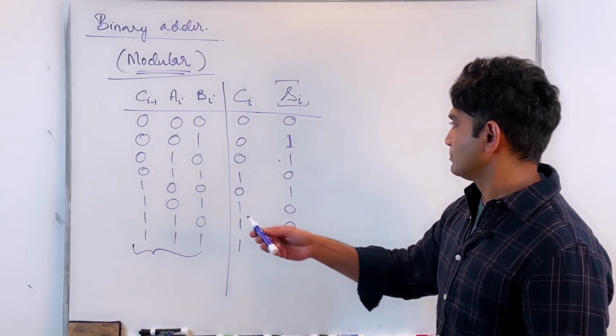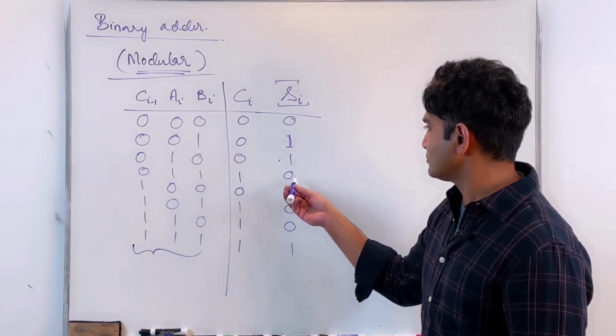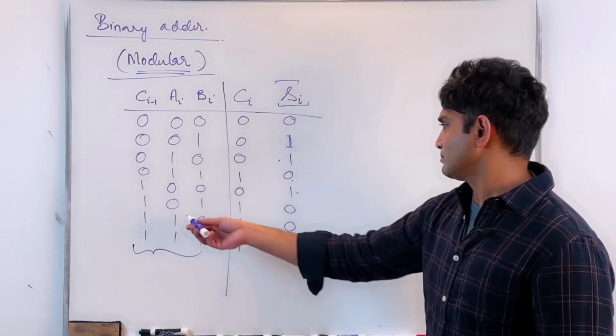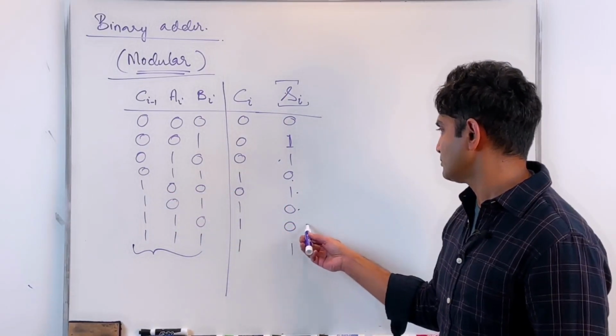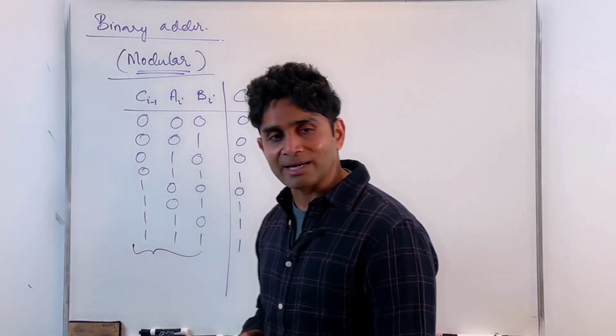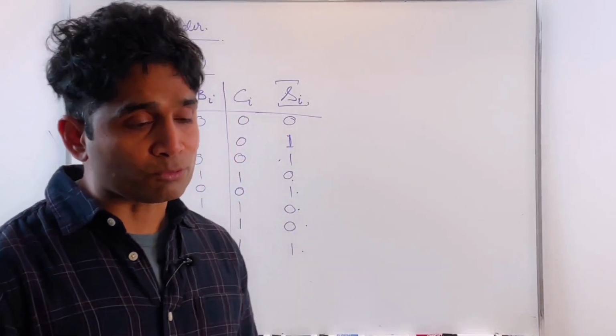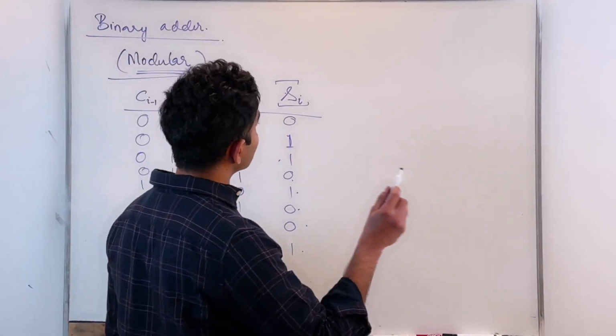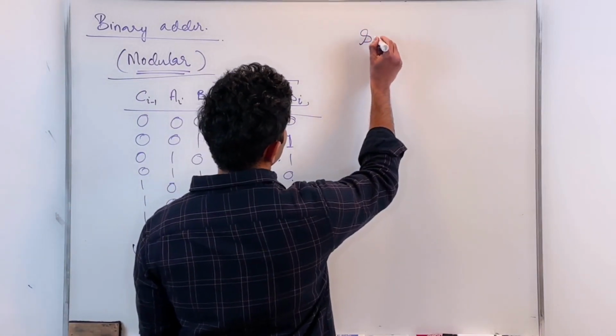It's a 1 here. That's an even number of ones, my Si is 0. Odd number of ones, Si is 1. Even, 0. Even, 0. Odd number of ones, my Si is a 1. What can you say about Si without really going through the K-map approach, which you can do to verify it, which is fine. But without even doing that, what can you say about Si?